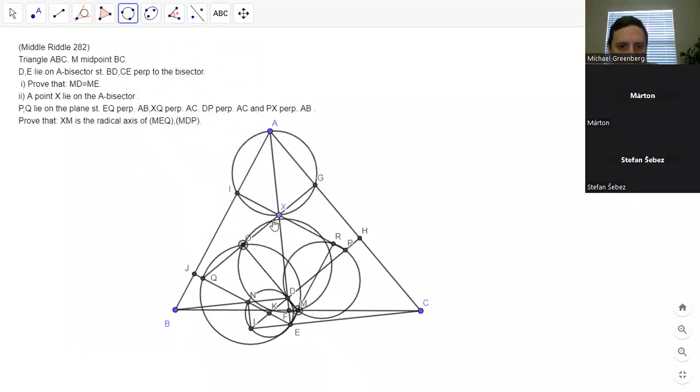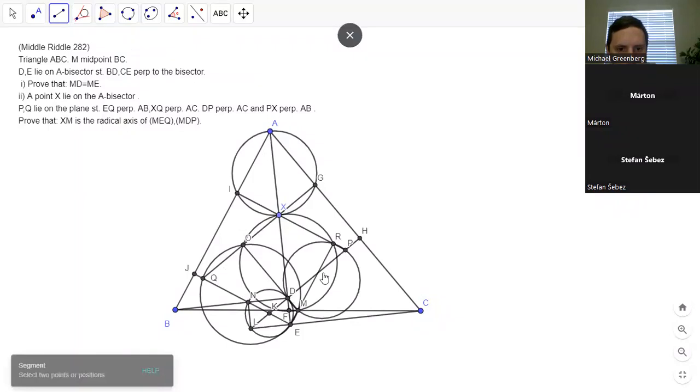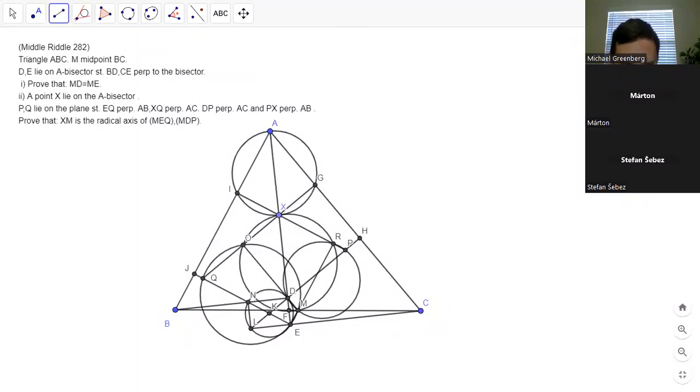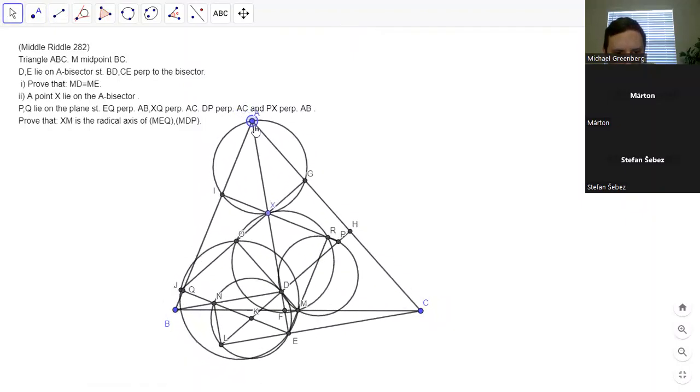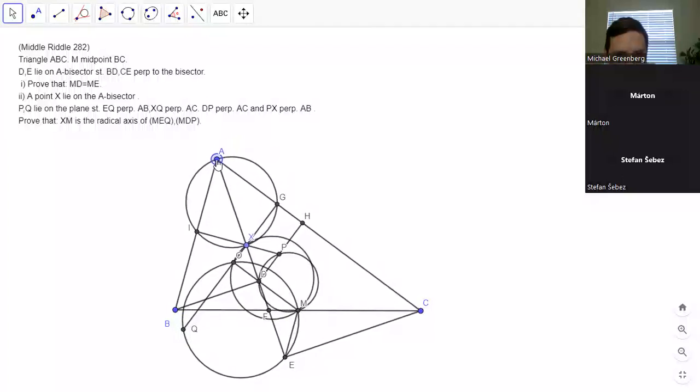Oh, they're not going to be homothetic because AX and M are not collinear. Although maybe they are. Let me see.